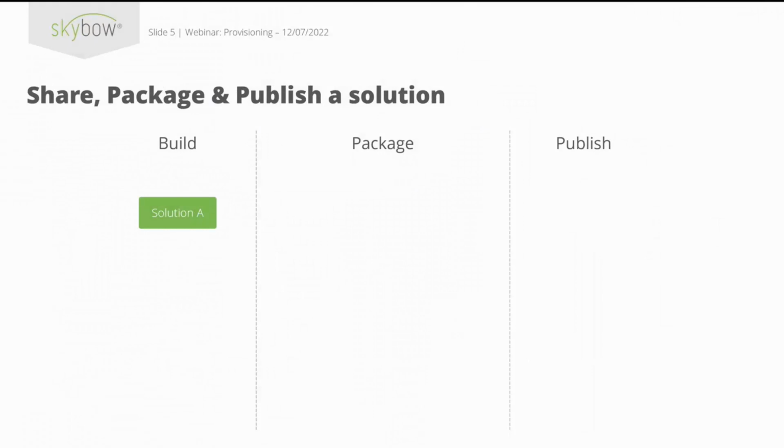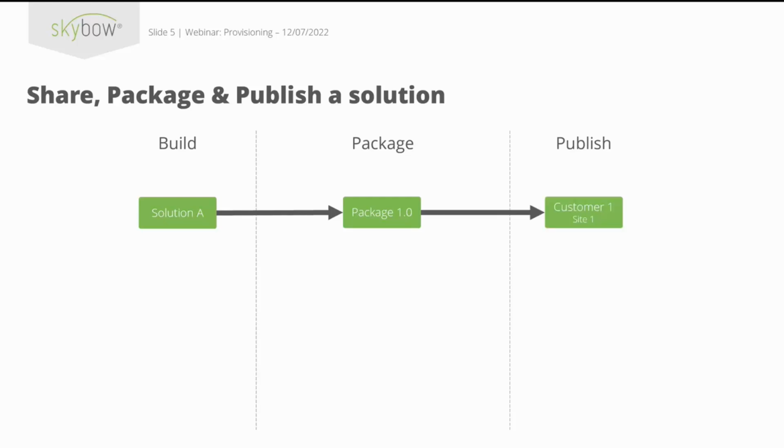So how will this work? Let's assume you're developing a solution A, and then one day you create your first package, give it a version, and then deploy it to any site.